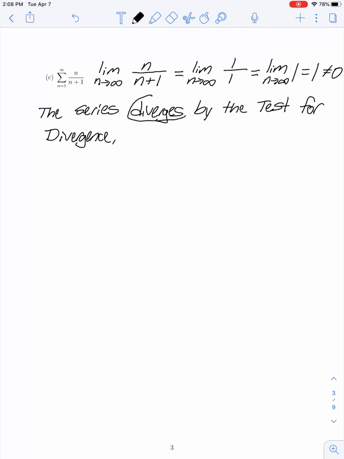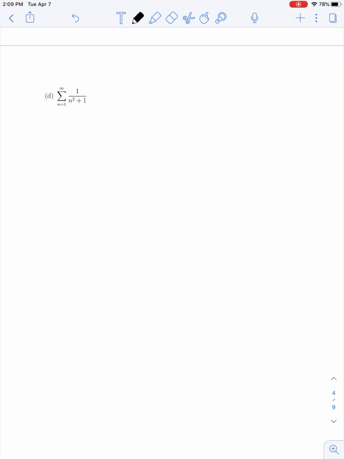So in this example, part C, if we remember to apply the divergence test before trying any other test, we don't have to go through the work of applying the integral test. We get immediately that the series diverges by that easy test for divergence. So let's look at another one.